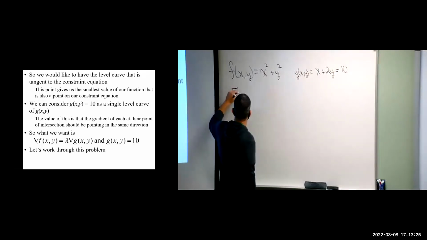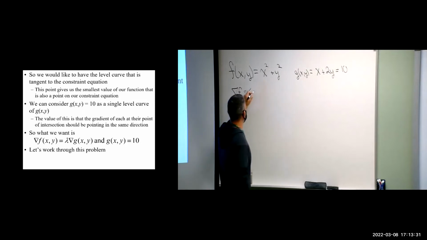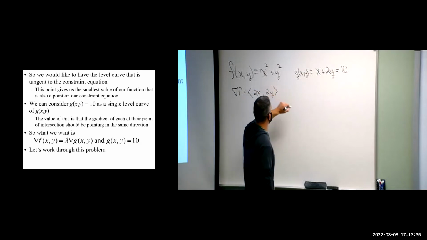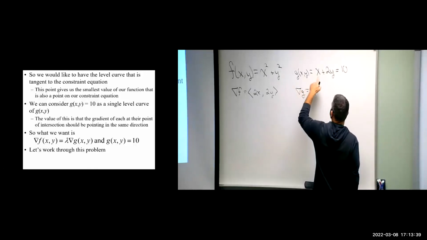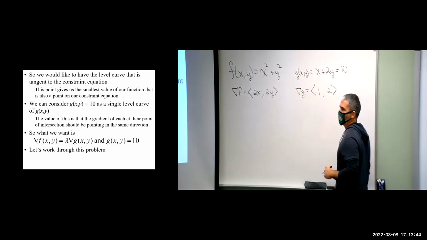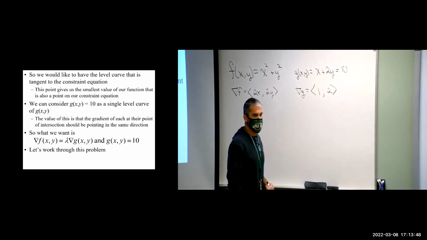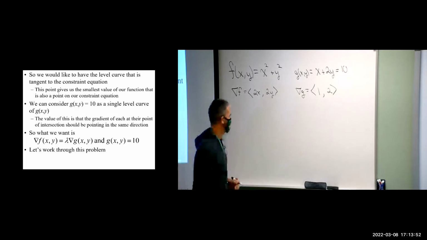So the gradient of f, well, with respect to x, it's just 2x. With respect to y, it's just 2y. The gradient of g, well, 1, 2. Now that won't always happen. That just happened in this particular case. There won't always be constants on one side or the other, so on and so forth.